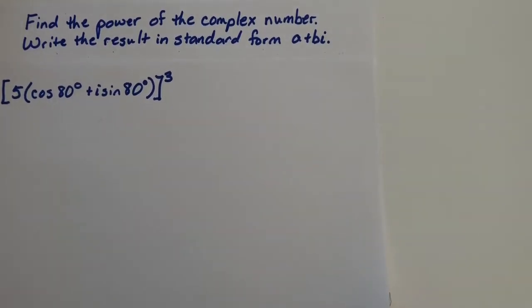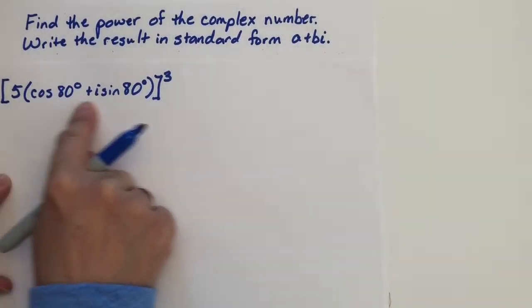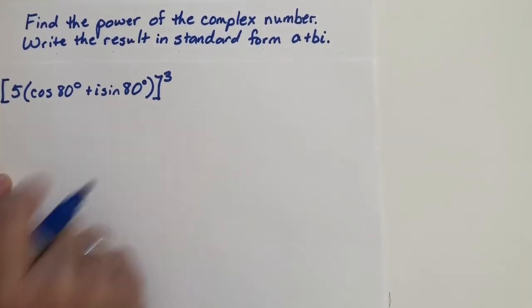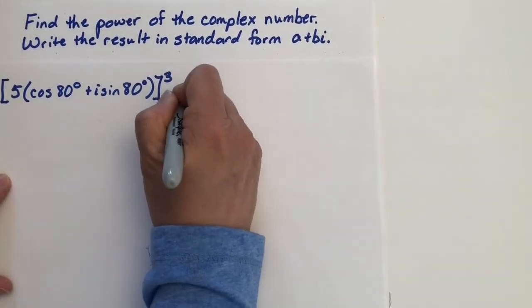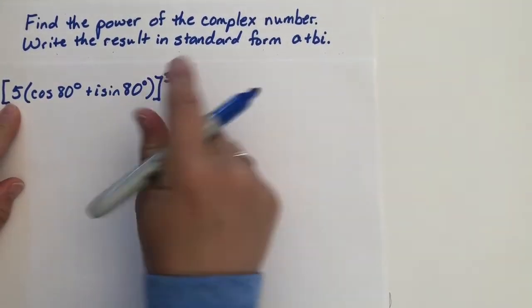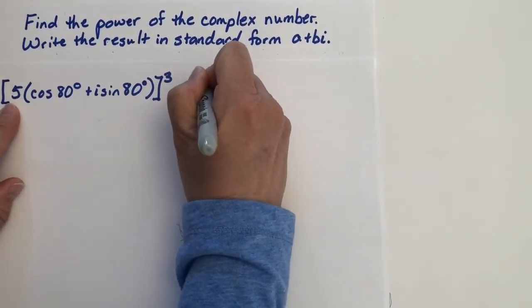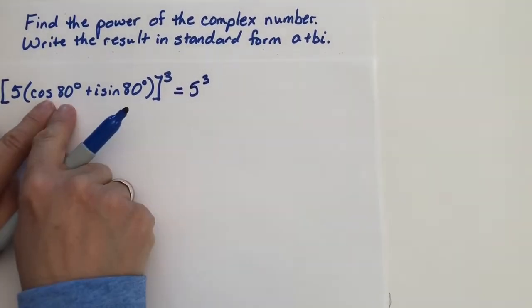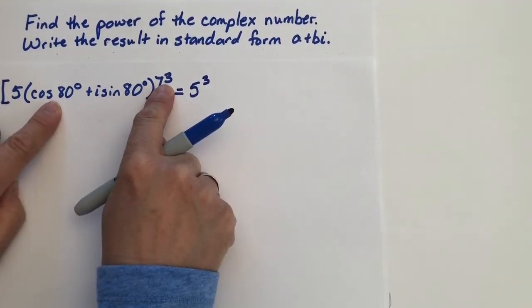And here's the one we'll do first. Notice our complex number is already in trig form. So away we go using our DeMoivre's theorem. We raise 5 to the 3rd power, and we multiply the angles by 3.